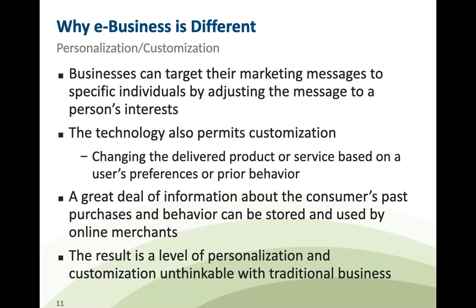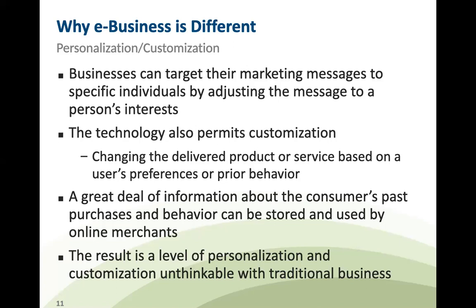Right? A great deal of information about the consumer's past purchases and behavior can be stored and used by online merchants. So it happens, right? If you visit a particular site, for example Amazon, and you have done some purchasing previously, depending on those purchases you will be provided notifications, so that they will provide you similar products.